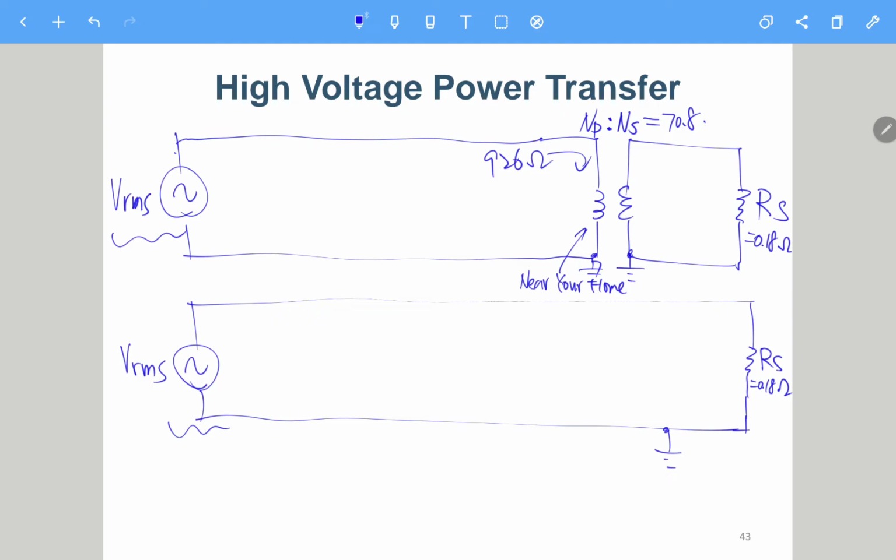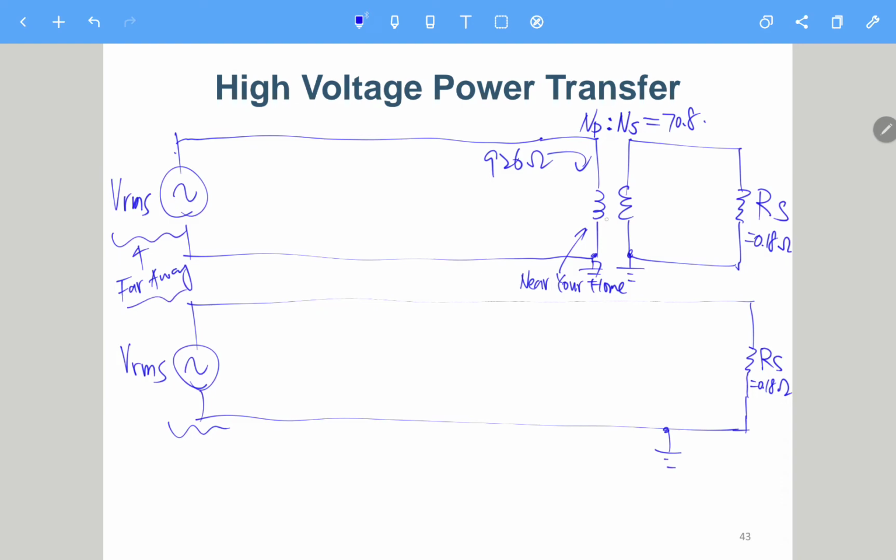There are some small stations near your home to down convert the voltage. And actually this is far away from you. You don't really expect the electrical generator to be near your home because it may generate some magnetic field or some noise. You don't really like it. So this will be far away from your home.